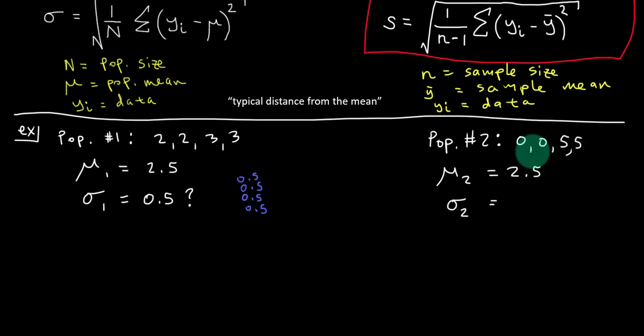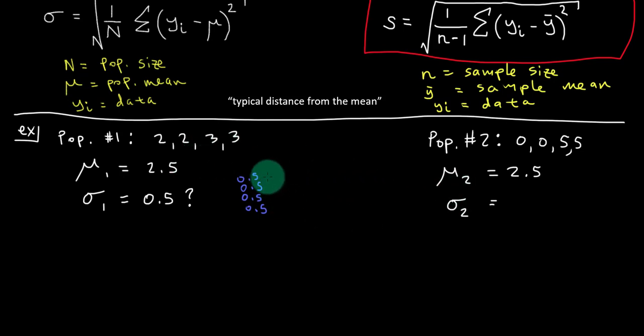These values have a range of 5 minus 0, and these only have a range of 1. So population 2 has a bigger range, but also 0, 0, 5, 5 is certainly more spread than 2, 2, 3, 3. These are kind of clumped on the mean.